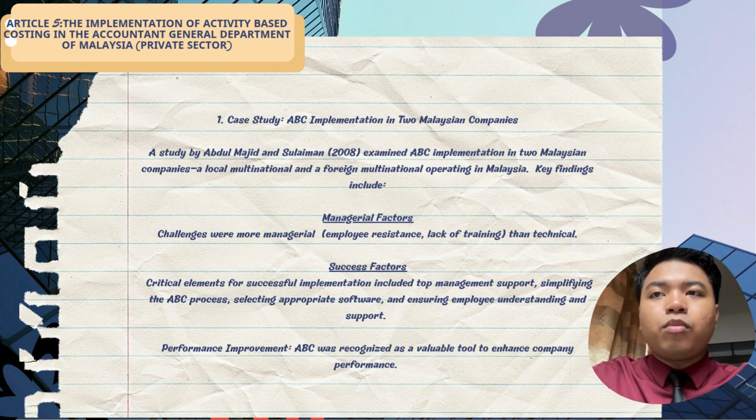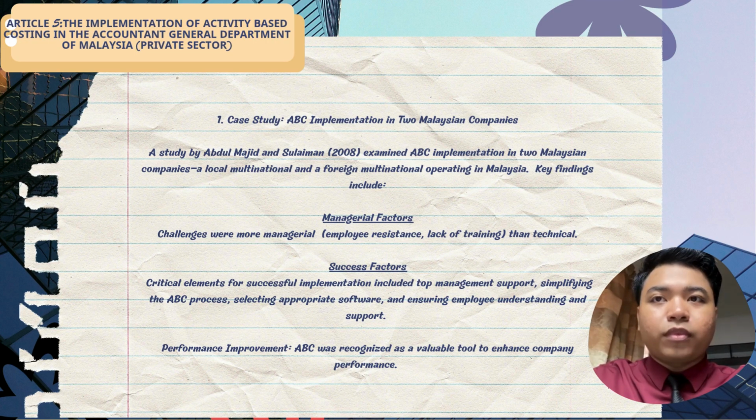Challenges were mostly managerial. As we know, staff resistance, lack of training, and misunderstanding of ABC concepts were bigger issues than the technical aspects. The second one, success factors. Key factors for success included strong top management support, simplified implementation steps, user-friendly software, and employee involvement.